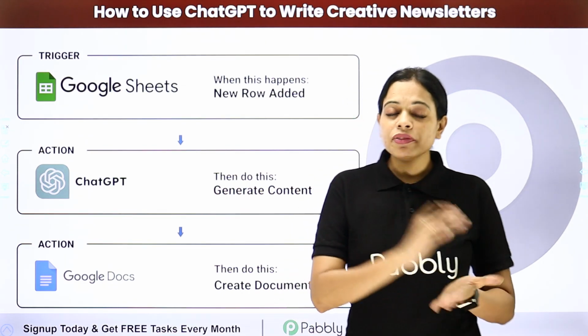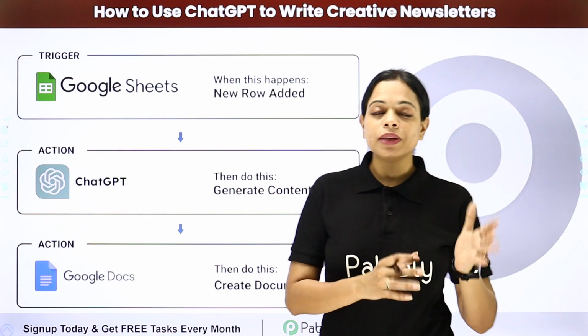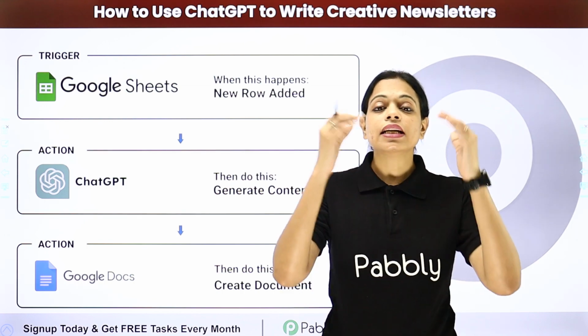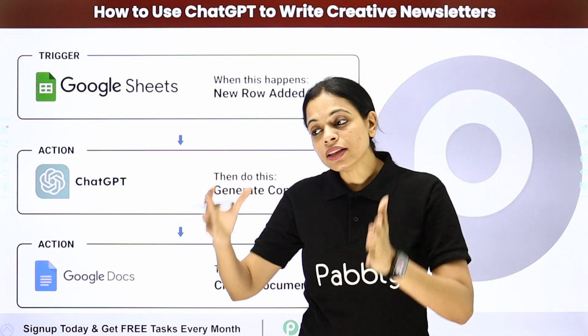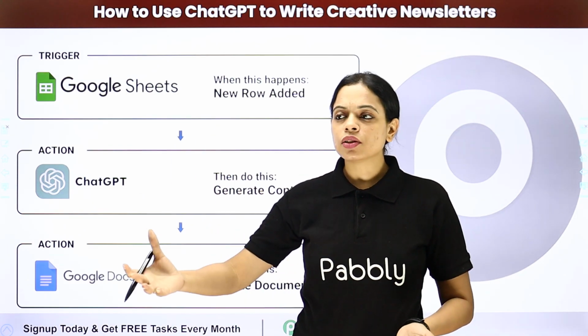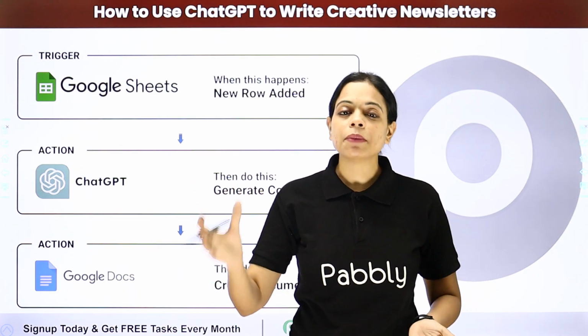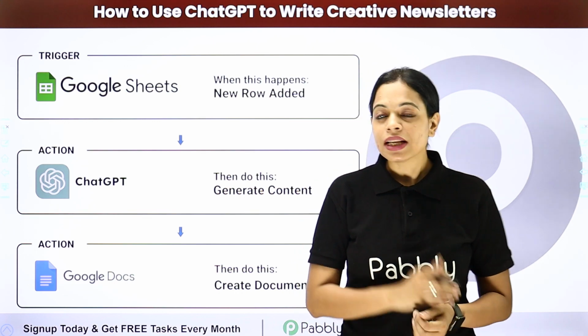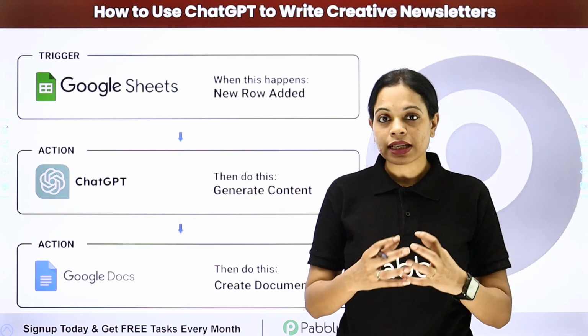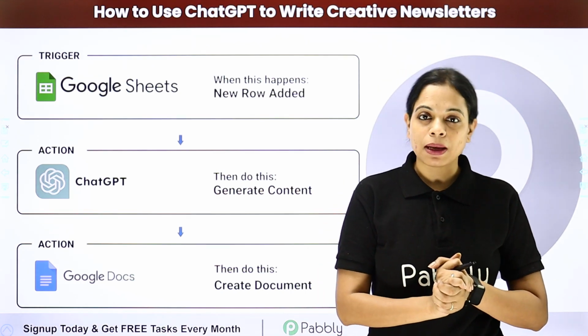So yes, what we are going to do here is, let's say that you have a spreadsheet where you have the titles. Every time a new title is added, automatically with the help of ChatGPT, the entire newsletter would be generated, and then you can of course either create a document or update the same sheet with the newsletter. So how can you do this? For this, you will have to integrate these applications, and the same thing can be done using Pabbly Connect software.